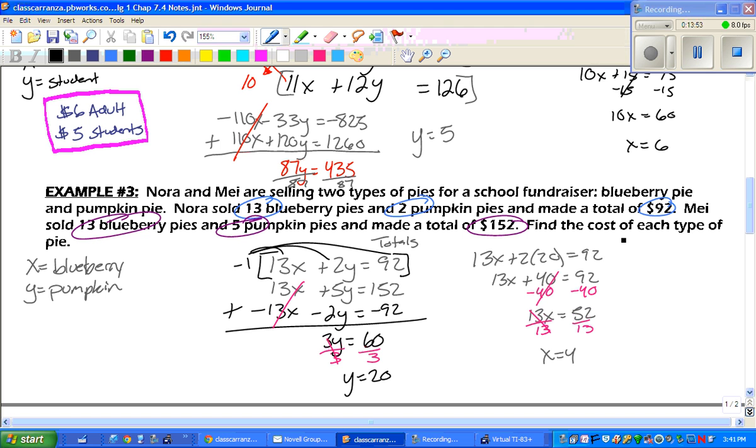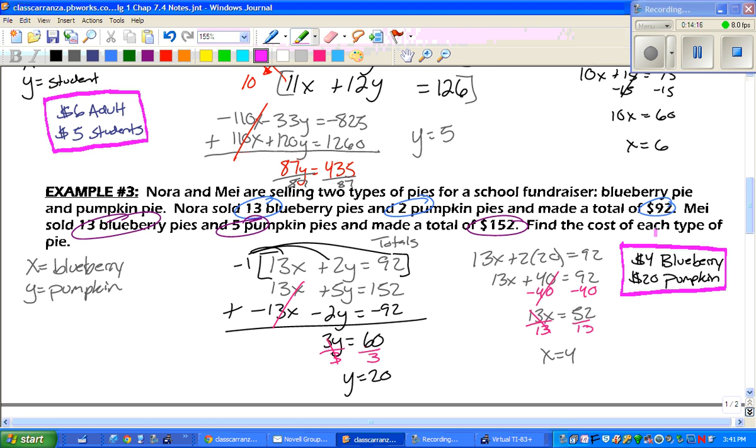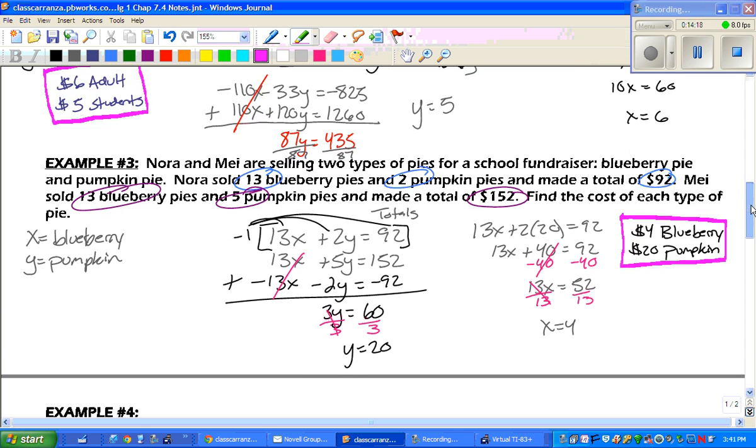All right, so our final answer now is to label each one. So $4 for blueberry and $20 for the pumpkin. Okay? And then circle your answer. All right, let's flip it over.